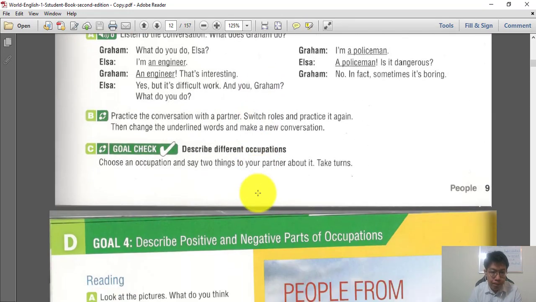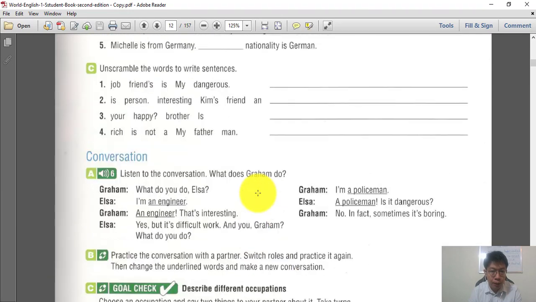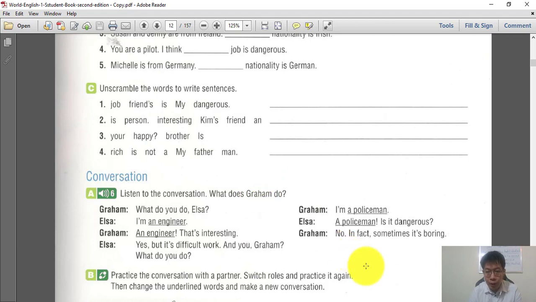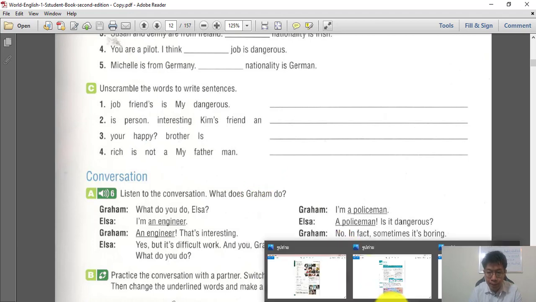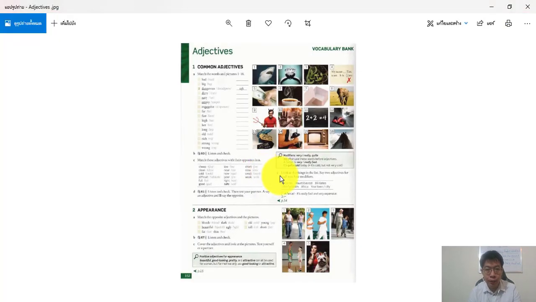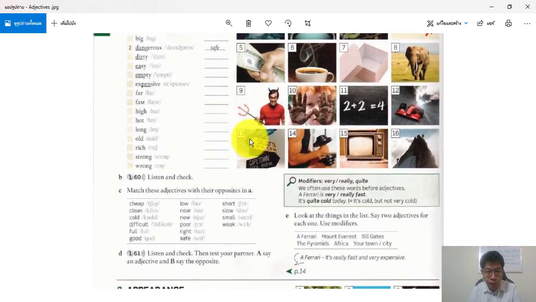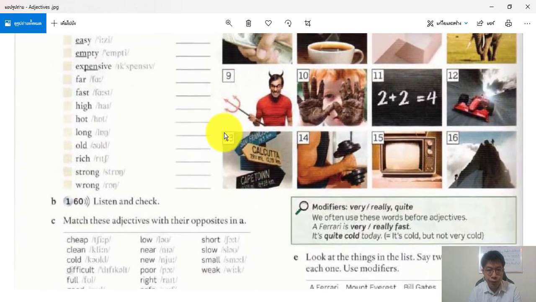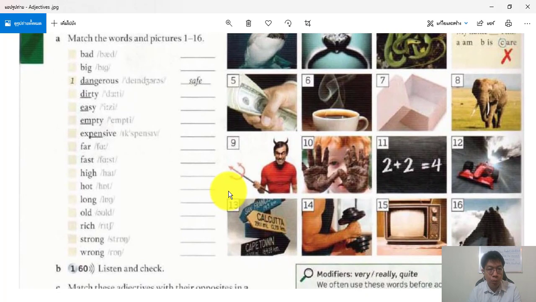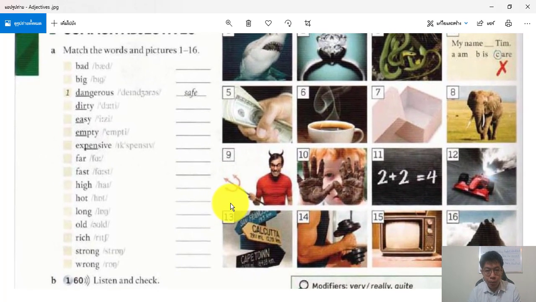And next one. Okay, that's all for the student book. I also got some more vocabulary related to adjectives for you to discover more. Here is about adjectives. So you may get to know more adjectives. So build up your vocabulary altogether.